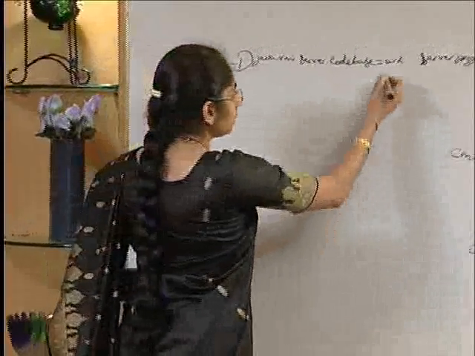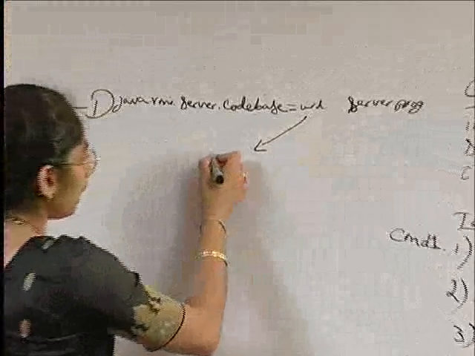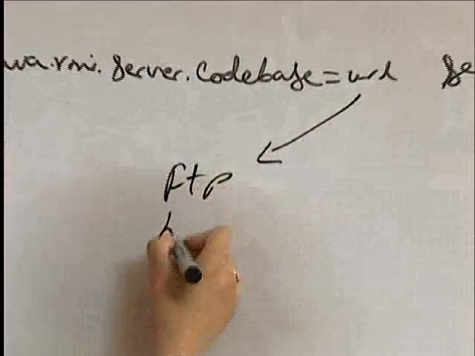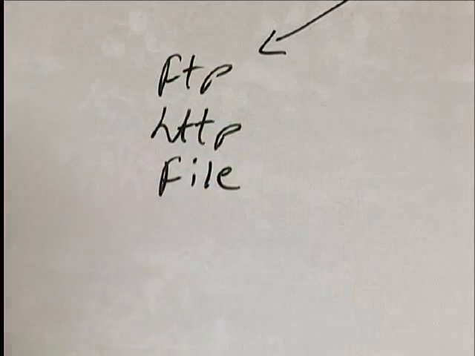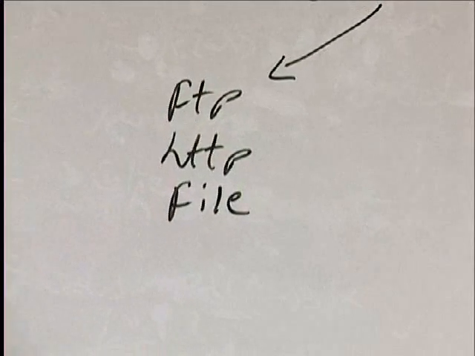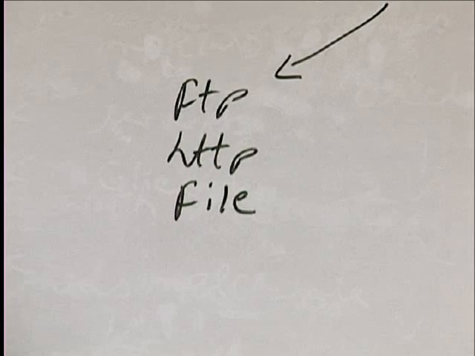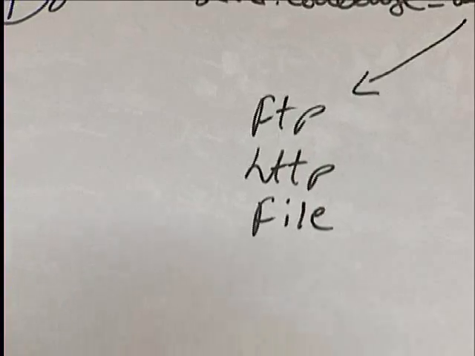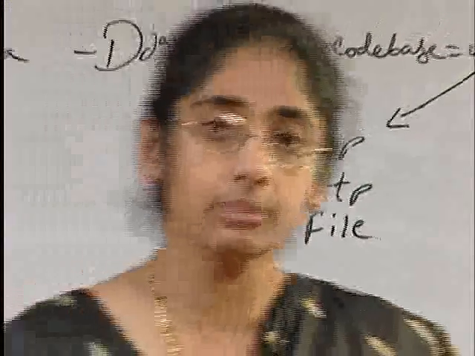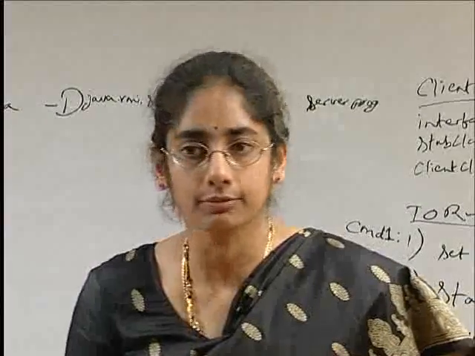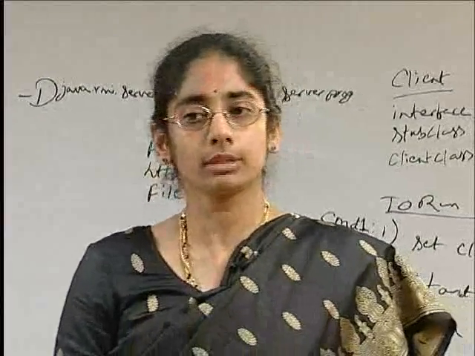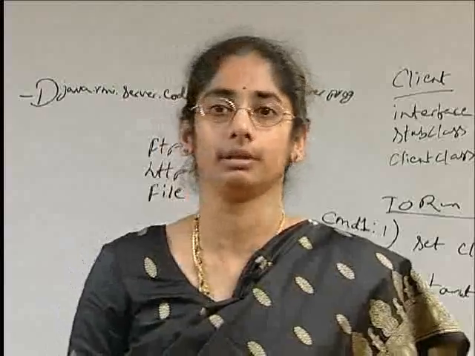This URL that you are specifying can be either FTP protocol, HTTP protocol or file, only one of these three. Similarly, just like how we can dynamically download a stub class, we can dynamically download any class for that matter, be it from server to a client or client to a server.